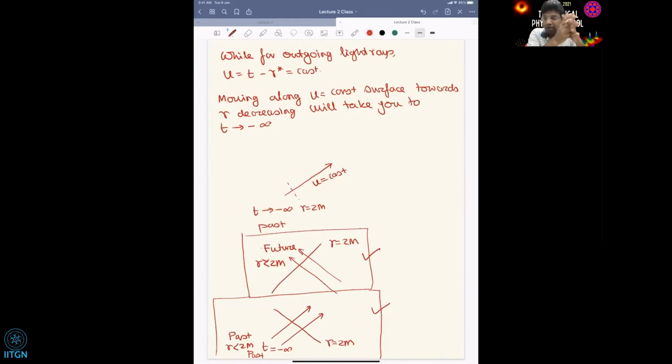Now the point is that although both solutions exist in Maxwell's theory, we only work with the retarded solution because that is causal in nature. Why the retarded solution should only appear in nature is a completely different story which I'm not going into. But here, although mathematically both solutions are possible, physically only the first solution matters.